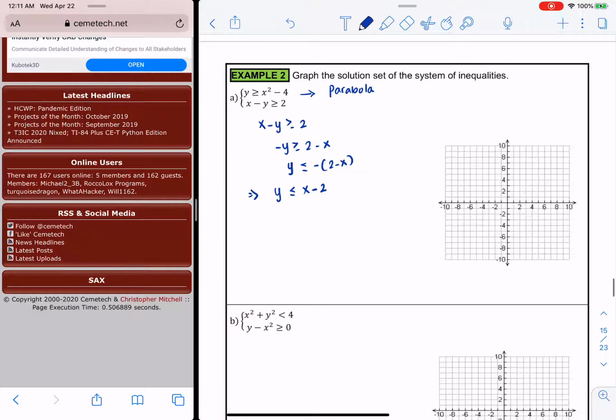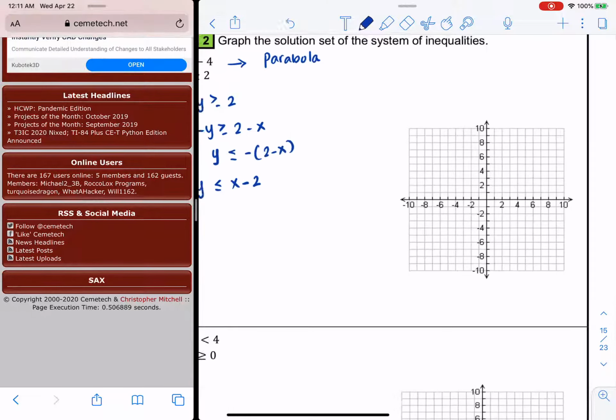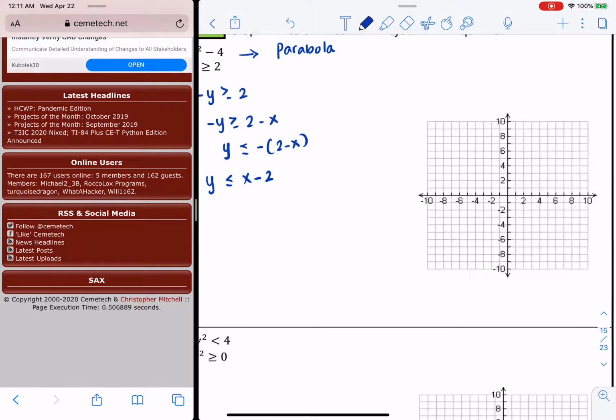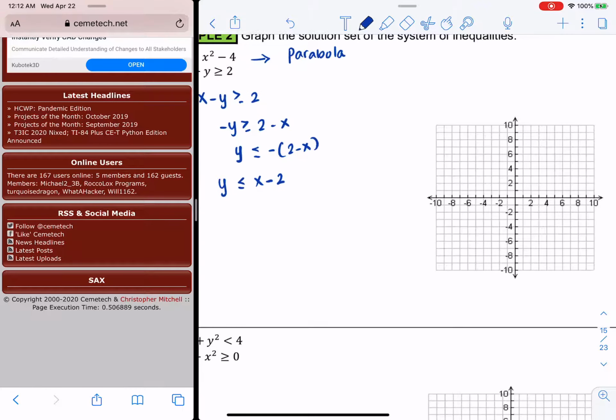So both of them have an equal sign, so we are about to draw a solid line and a solid parabola.